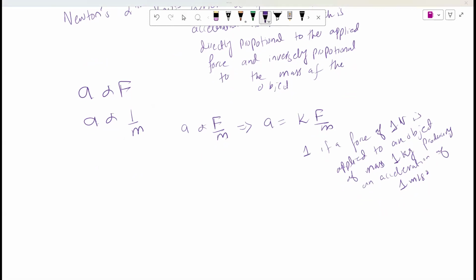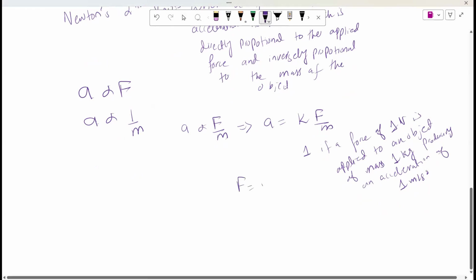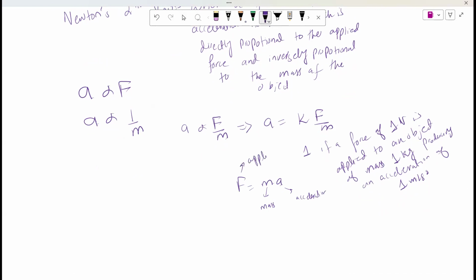So from here, we have F equals ma. Here m is the mass of the object, a is the acceleration, and F is the applied force.